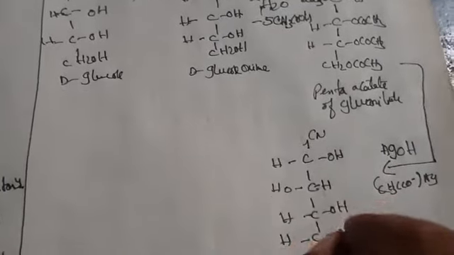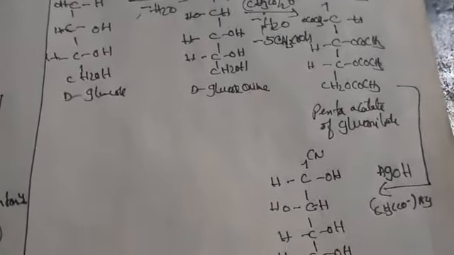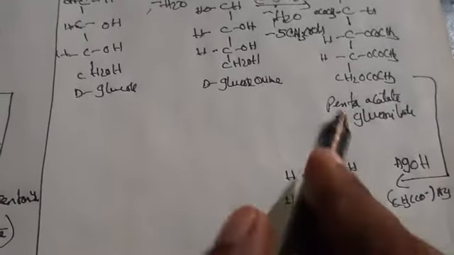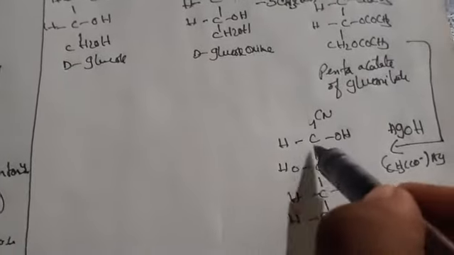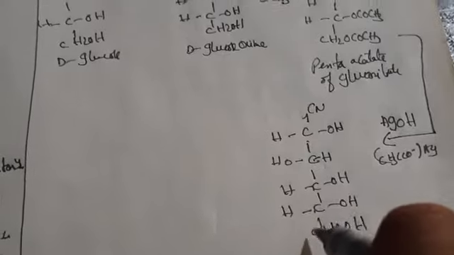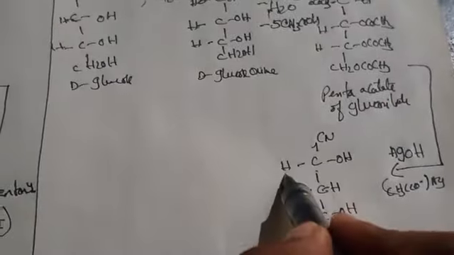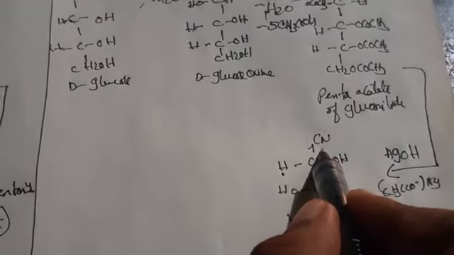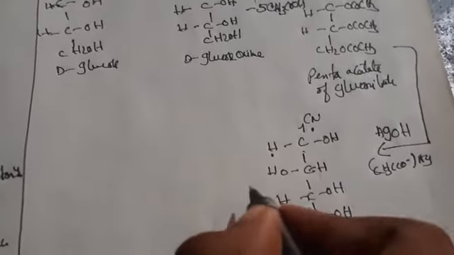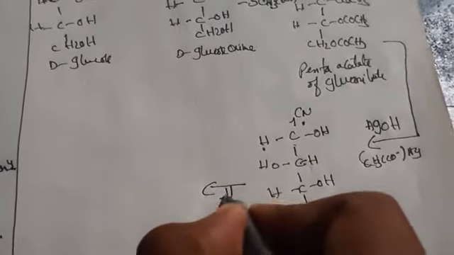In this, the cyanide carbon makes a total of 1, 2, 3, 4, 5 carbons. What we need is an aldopentose, so this hydrogen and this CN will be removed, minus HCN.